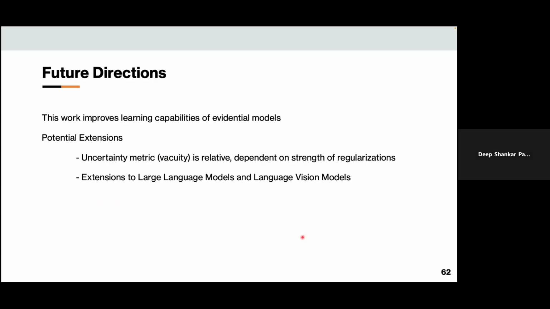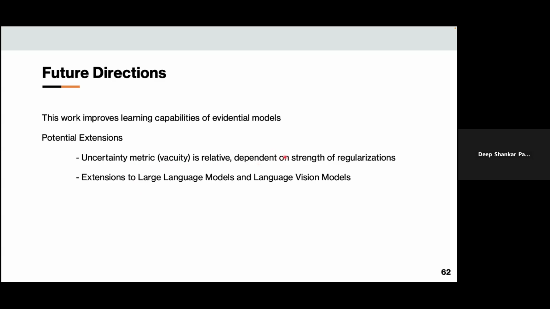So this was our work. We basically improved the learning capabilities of the evidential models, enabling the evidential model to learn from all the training samples. And some potential extensions of this work are: we enable the model to learn from all the samples, but the uncertainty metric is relative.